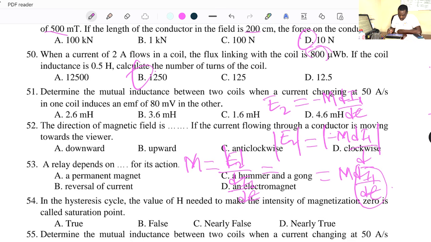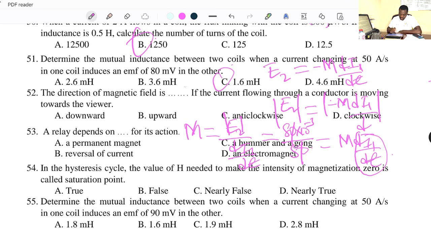That is 80 millivolts over 5. 8 divided by 5 is 1.6. So we have 1.6 milli. So the answer here is C.